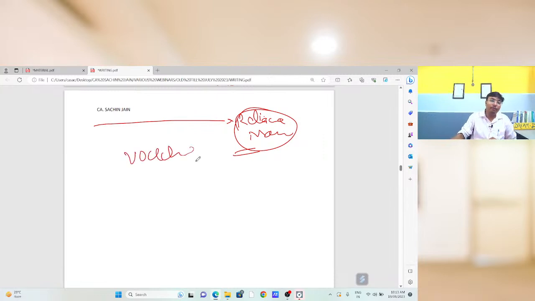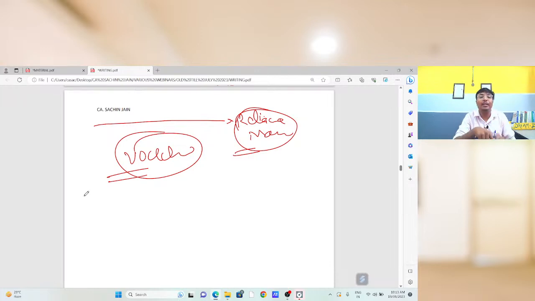They say, sir, this voucher we have given you, you can redeem that particular voucher at the time of your next visit to our store. When you buy certain things next time from our store, at that time we are going to provide a certain gift or a certain discount to you.